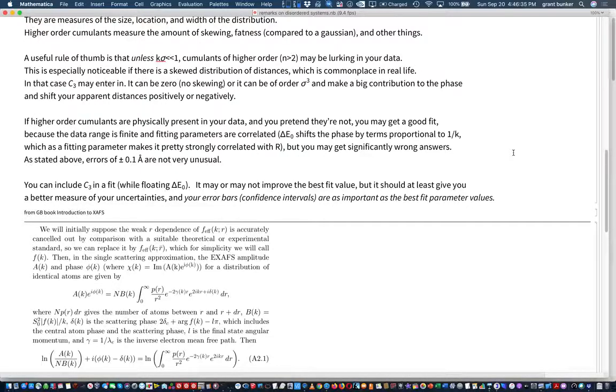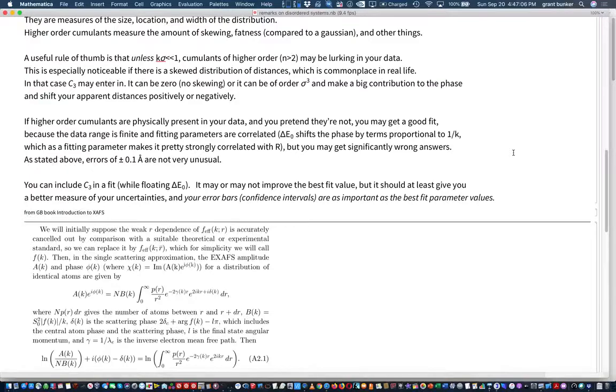Well, you could say that's going to end up with a bad fit because it will also shift a constant part of the phase. But because of the parameter correlation, if you're fitting a delta E0 at the same time, a 1 over k term can also kind of compensate for that. So you may be able to get a good fit because of this parameter correlation without including a C3, but you will still get incorrect error values.